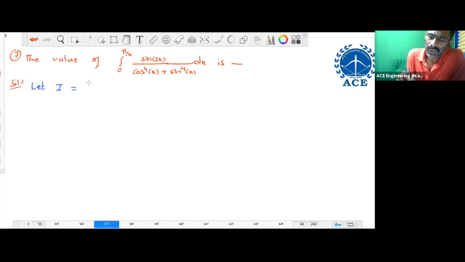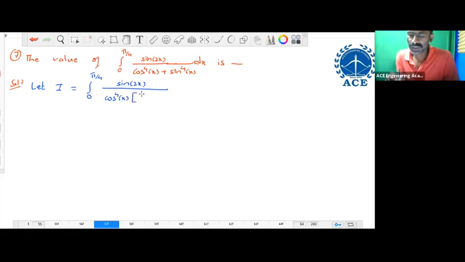Let I equal the integral from 0 to pi by 4 of sine 2x. In the denominator, we take the cos power 4x outside.